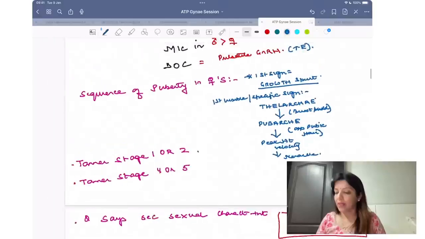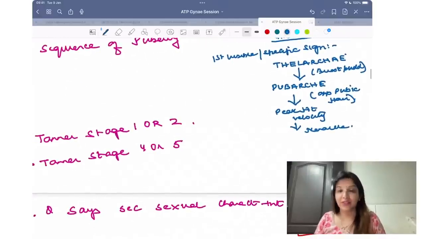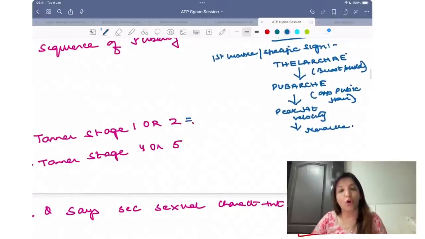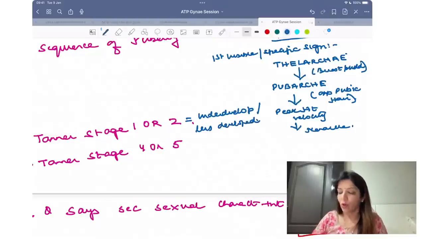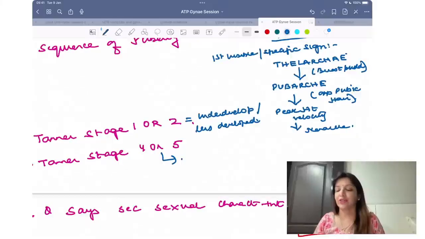Chalo. Now coming to Tanner staging. Tanner stage 1 or 2 means underdeveloped breast and pubic hair. Whenever your question says Tanner stage 4 or 5, what does that mean?